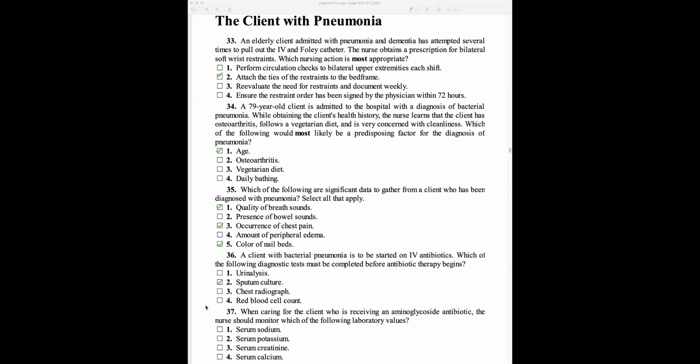And finally, 37, when caring for the client who is receiving aminoglycoside antibiotic, the nurse should monitor which of the following laboratory values.